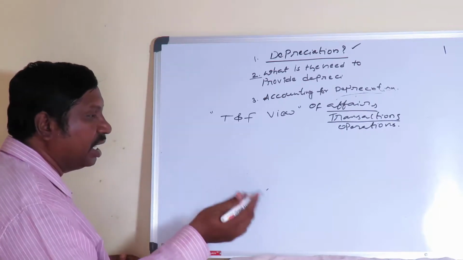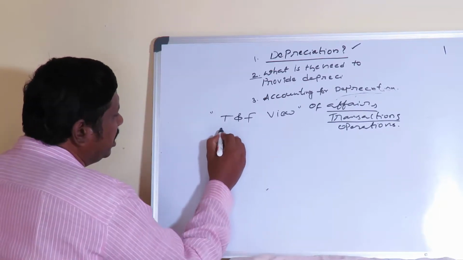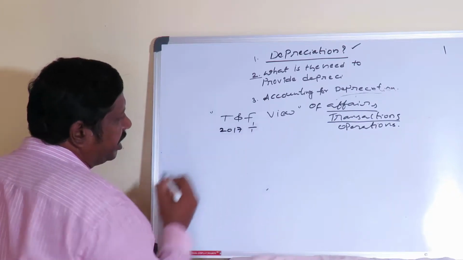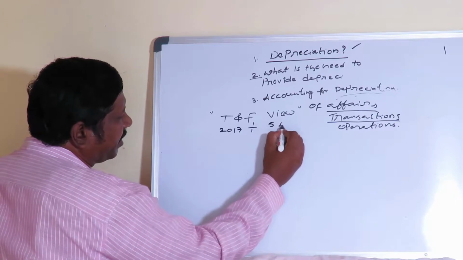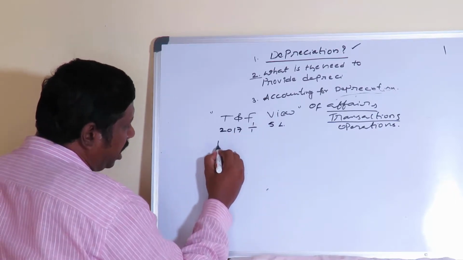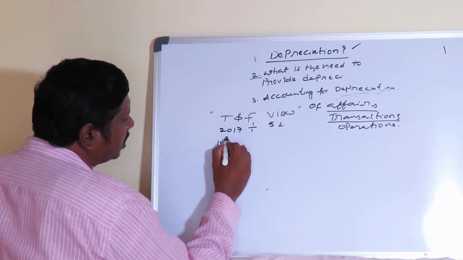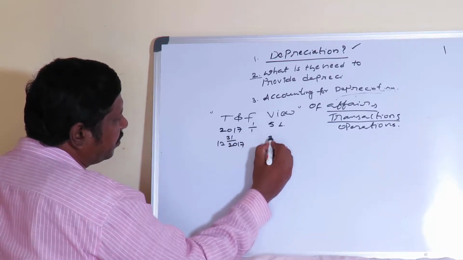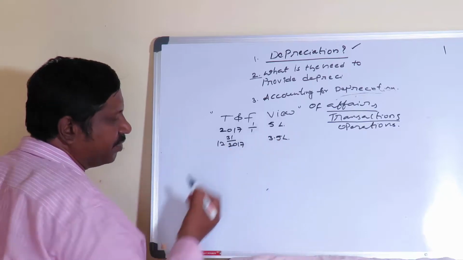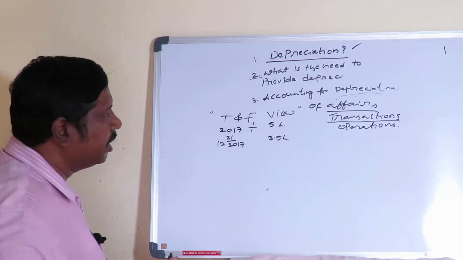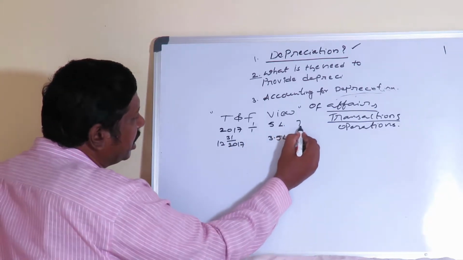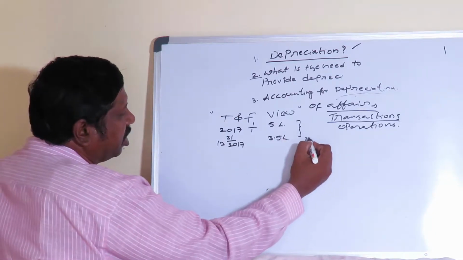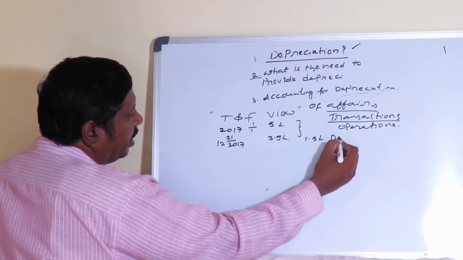For example, as we already discussed, in the year 2017, on 1st January, we purchased at 5 lakhs. But on 31st December 2017, the value of the asset comes down to 3,50,000 rupees. That means a value deterioration occurred to the extent of 1.5 lakh.